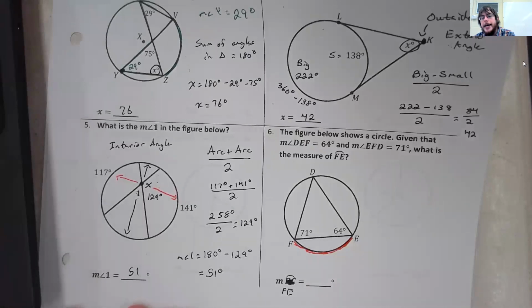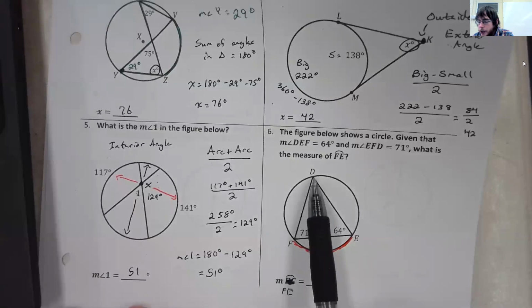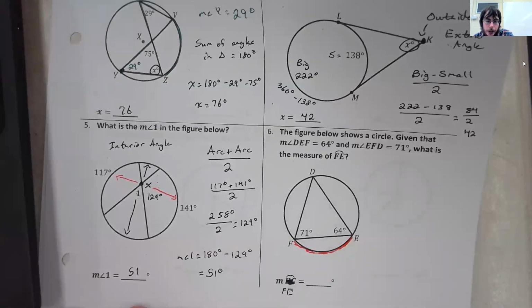So in the problem, it also gives us that we have a 71-degree angle and a 64-degree angle. And there are a couple different ways that you can do this problem. The first is that you know that you have a triangle DFE here, okay? And you already have two angles in that triangle.